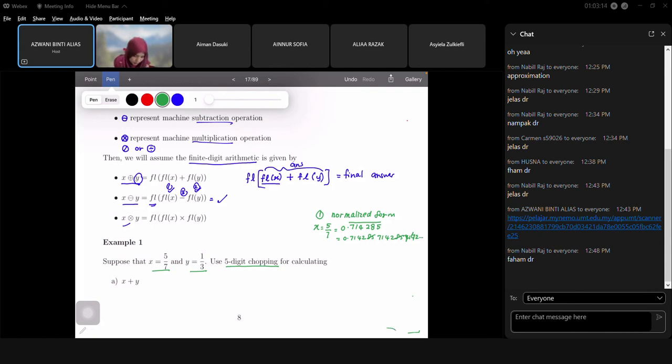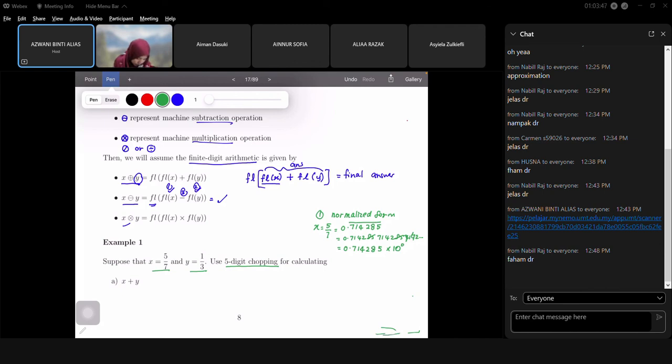Okay, so normalized form kita boleh tulis 0.714285 darab 10 kuasa kosong. Sebab dia tak ada berlaku apa. Dia still dalam 0.something. Okay.